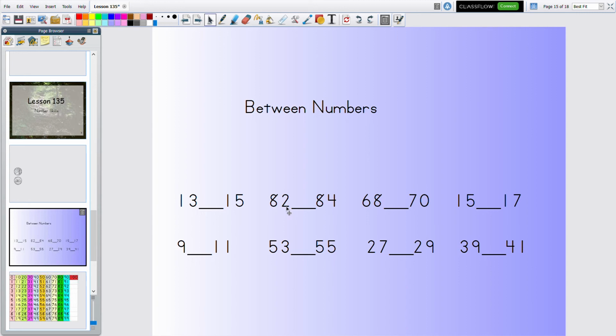So what comes after 2 and before 4? So the number that comes in between 2 and 4 would be 3. So 82, oops, I forgot my pen. 83. So we have 82, 83, 84.